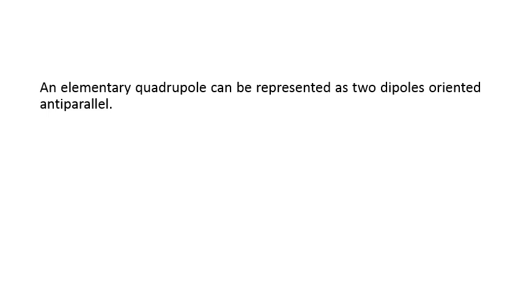This quadrupole can be represented as two dipoles oriented in anti-parallel direction. However, of course, there are certain other ways to represent a quadrupole. We will discuss these later in this lecture.